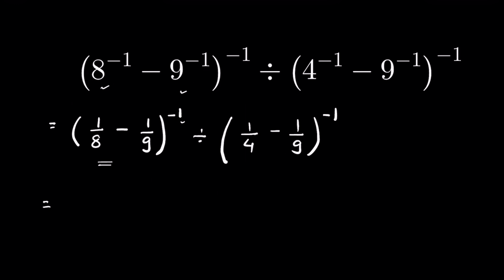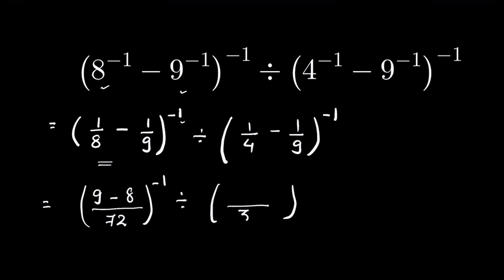Now the LCM of 8 and 9 is 72. 72 divided by 8 is 9. 9 multiplied by 1 is 9. Again 72 divided by 9 is 8. So 8 here, whole raised to the power minus 1, divided by the LCM of 9 and 4, which is 36. 36 divided by 4, 9 is your quotient, multiplied by 1, 9 minus 36 divided by 9 is 4.